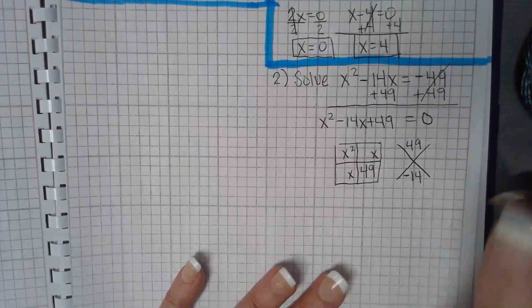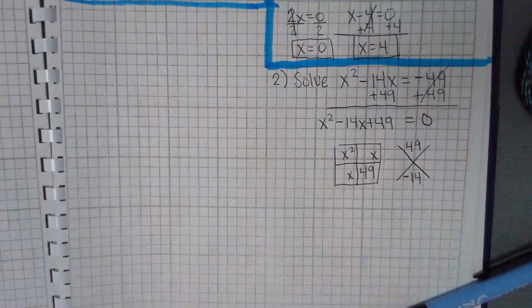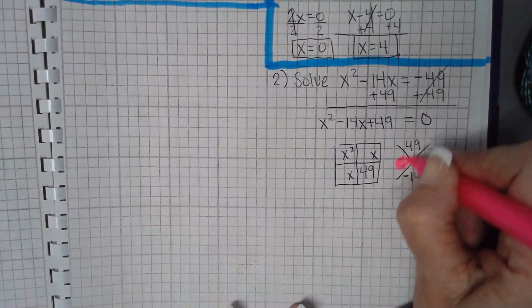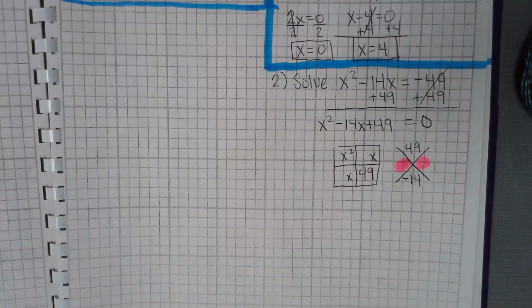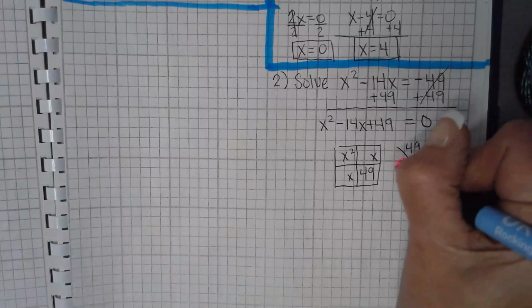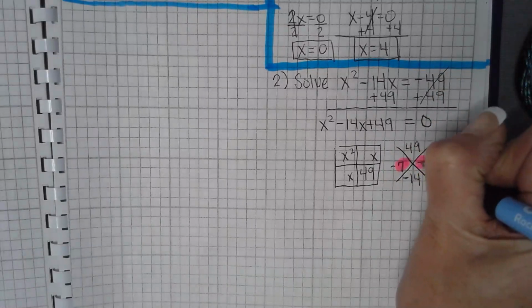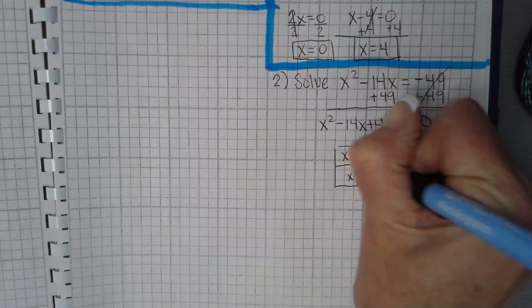And now we need the magic numbers, and those are the things you guys don't like very much, finding the magic numbers. So I'll pause a minute, let you think through the magic numbers. What's my magic numbers? -7 and -7 are my magic numbers. So let's pop those in there.